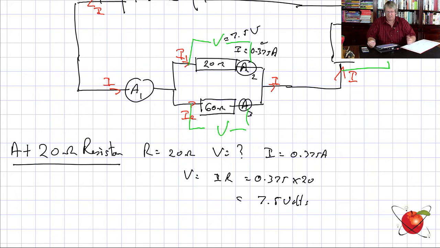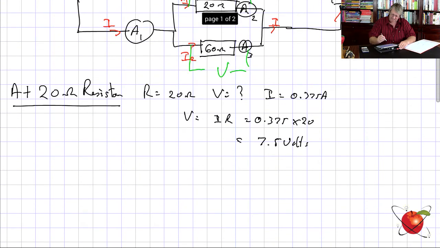We still know nothing about resistor X. Do I know I2? No. For the 60 ohm, we know the R, but you now know V. Remember what I said? The voltage across resistors in parallel is the same.